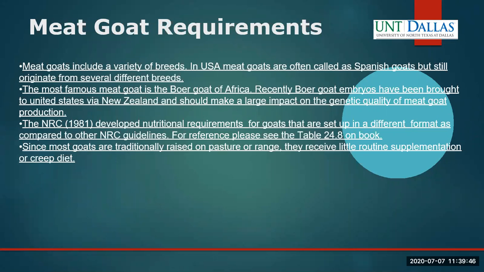Since most goats are traditionally raised on pasture or range, they receive little routine supplementation or creep diet. Protein is usually the limiting nutrient of range goats, and supplementation of about 300 to 400 grams of soybean meal or cottonseed meal improves production.